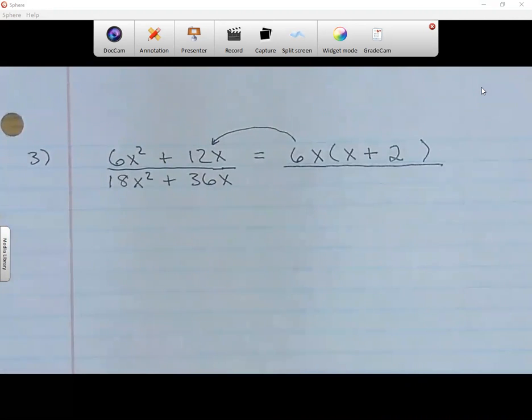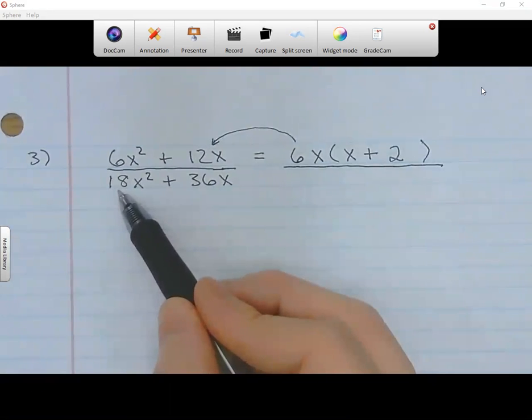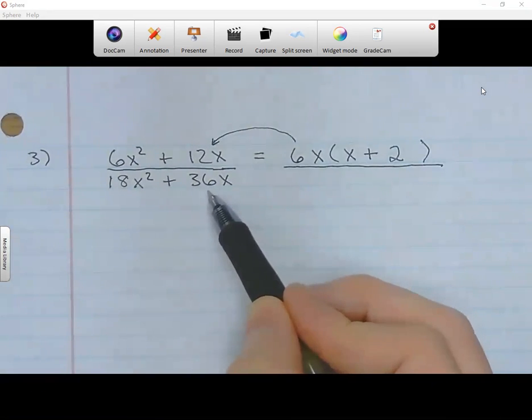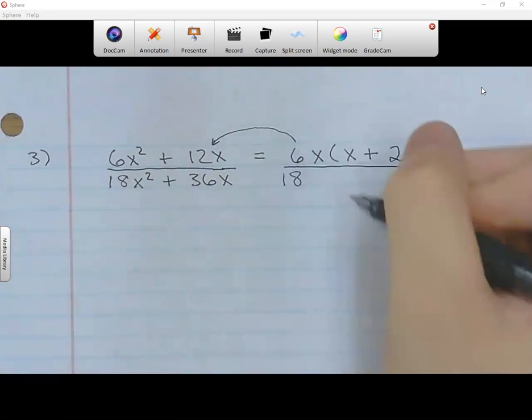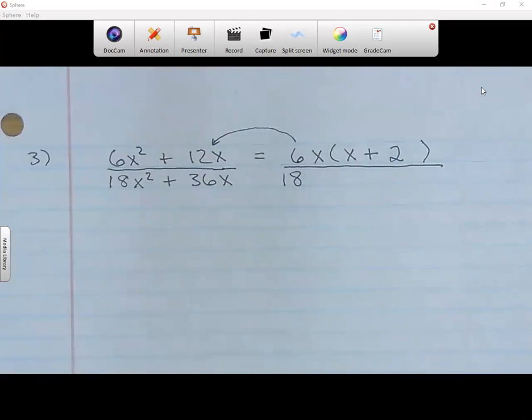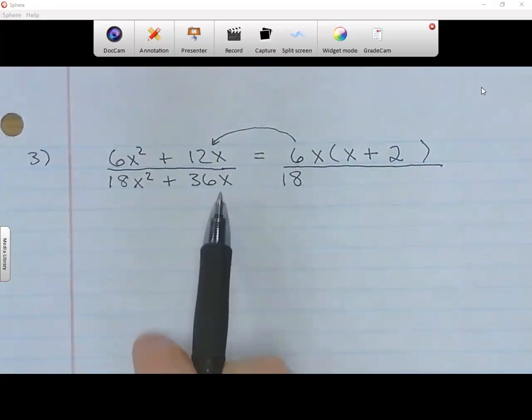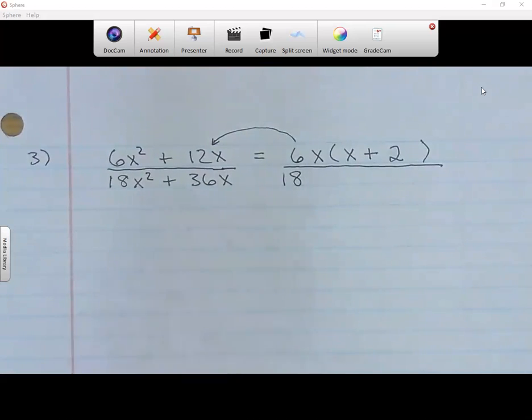Okay. Now, what can I take out from the bottom? I can divide 18 by 18, and I can divide 36 by 18 to get 2. So I can take out an 18, but not just an 18. I can take out an 18 what? An 18x, since they both have at least one x, right?